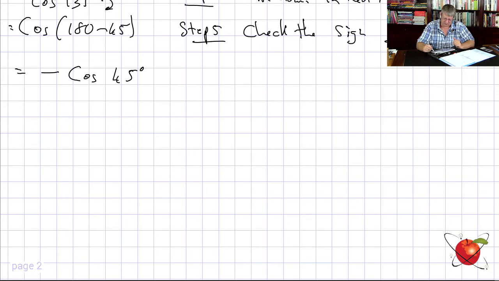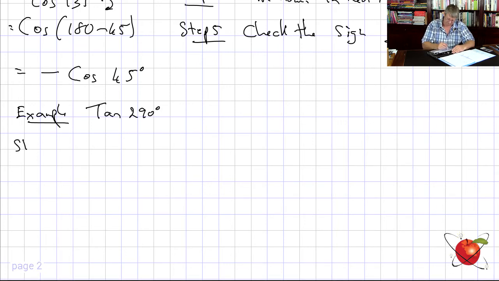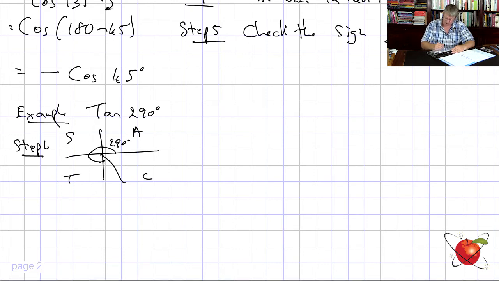Okay, let's go through this one, shall we? Tan of 290 degrees. Step 1, just make a quick sketch. Where is that? That is past 270, so it must be over here. There's my 290 degrees, right? So I say ASTC. I look at my quadrant.